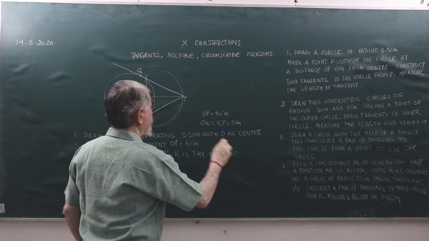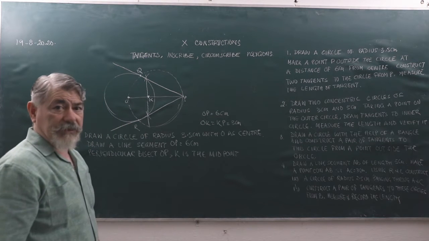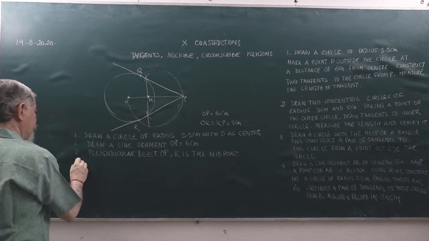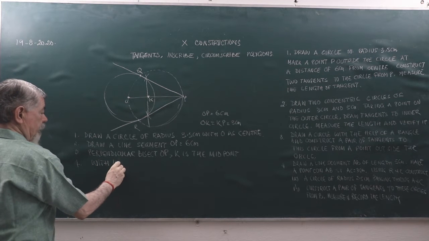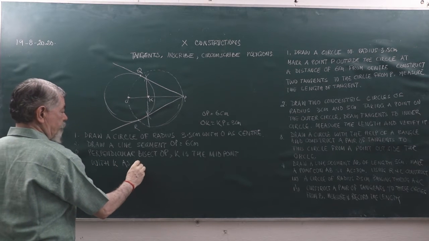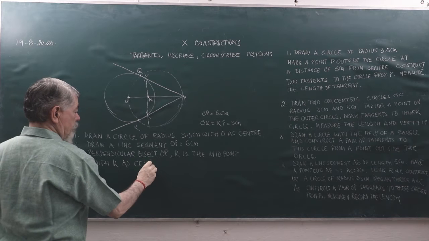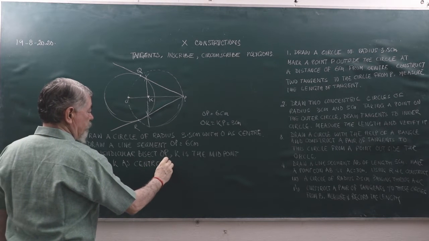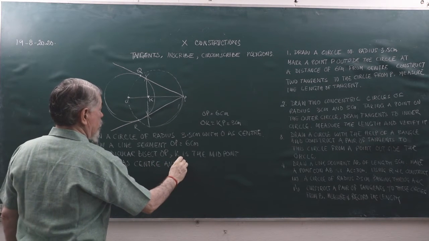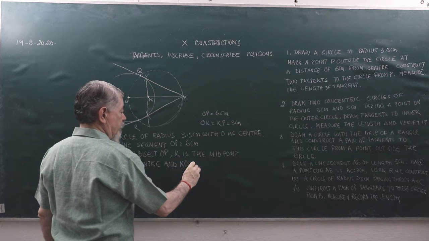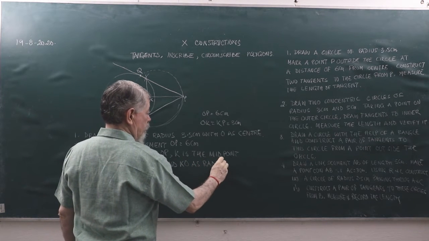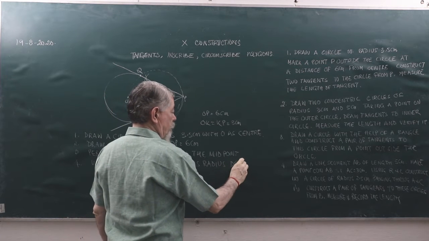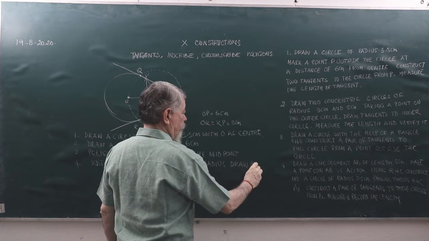We found the midpoint by perpendicular bisecting this line. The next step is, with K as center and KO as radius, draw a circle.